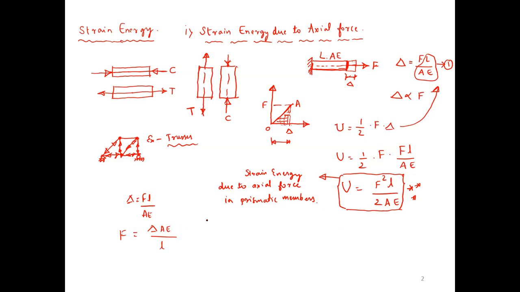I have given a clue: to express in terms of delta, take F from this equation and substitute it in F square.